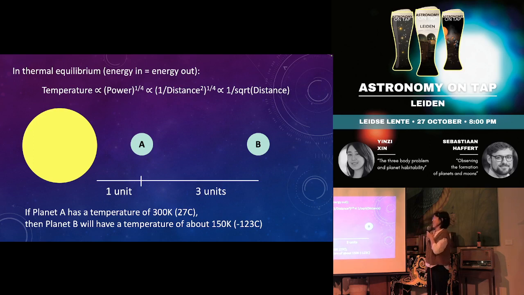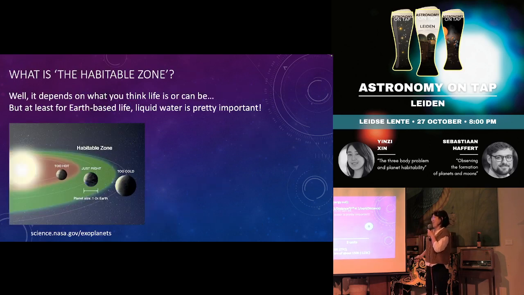You'll freeze. So what we call the habitable zone is the range where liquid water will exist on the surface of the planet. It's possible that some forms of life don't need liquid water, but at least for Earth-based life, it's really important. So when you hear exoplanetarians talk about the habitable zone, what they mean is basically the range over which you can have liquid water on the surface, so temperatures from 0 Celsius to 100 Celsius.